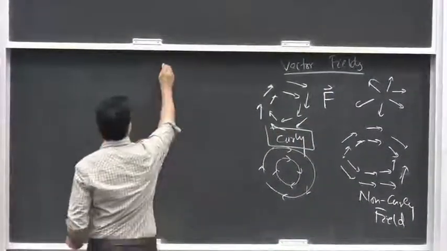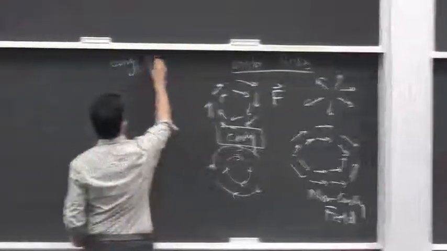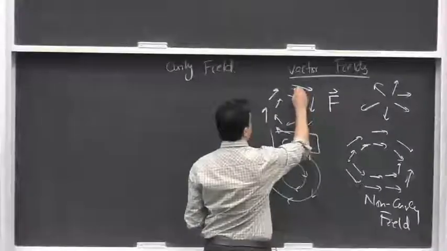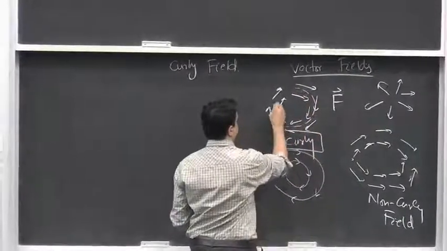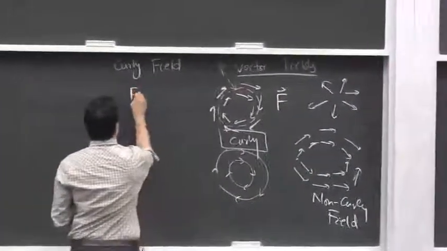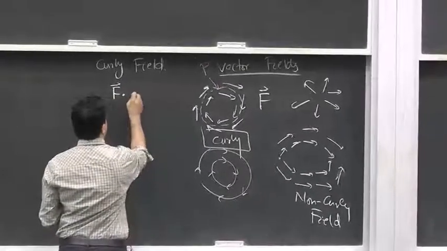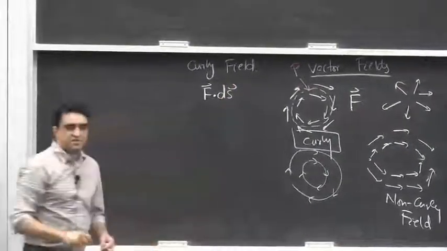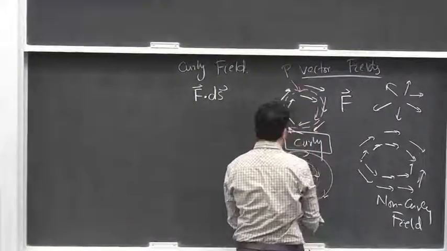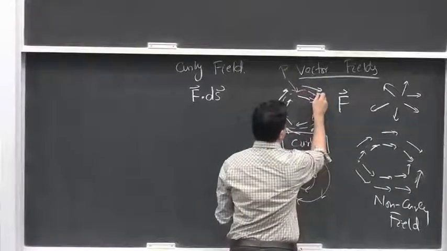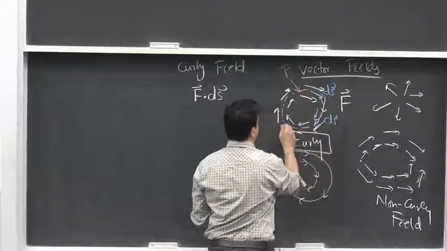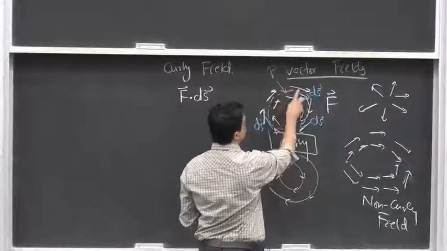So for a curly field, if you imagine a path P, and you take a dot product with distance S along that path P, I can define a certain ds element along this path at each point, and I can integrate this field with the ds.